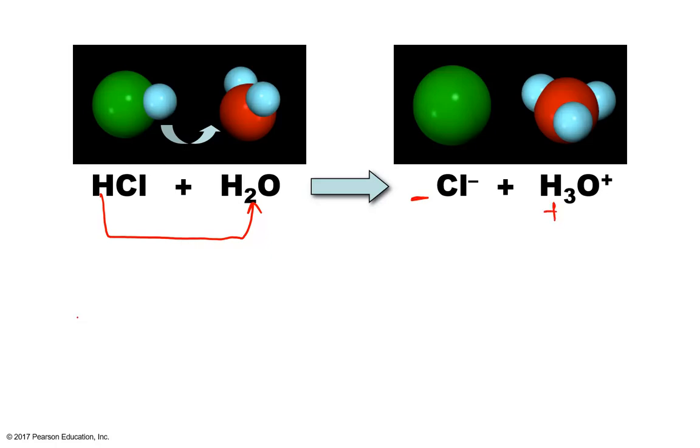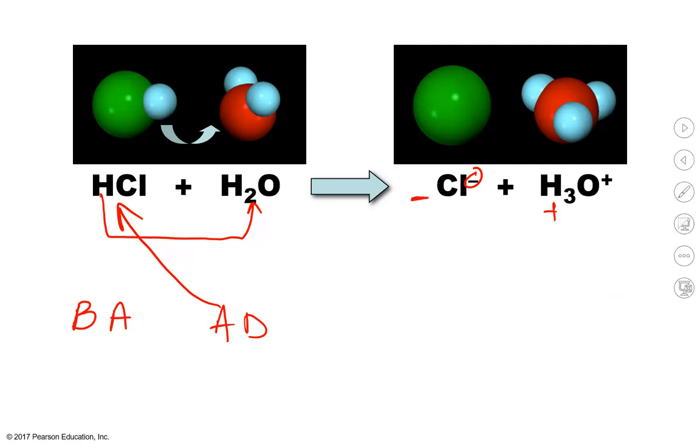So with our mnemonic, bases accept and acids donate. Which one donated a proton? Donated an H plus? The chlorine gave away its H plus. It kept the minus, so that's why it has the minus sign here. And so the chlorine donated. So HCl was an acid because it donated. Which one accepted the hydrogen?